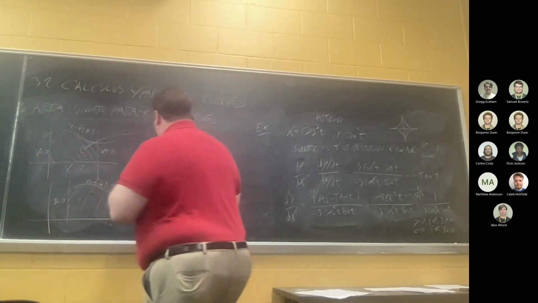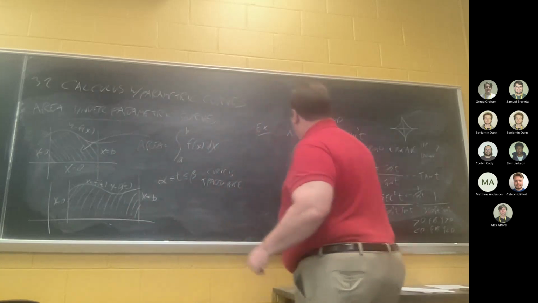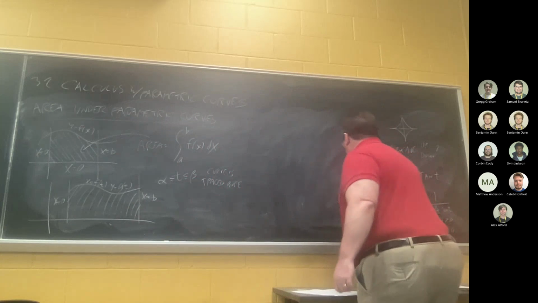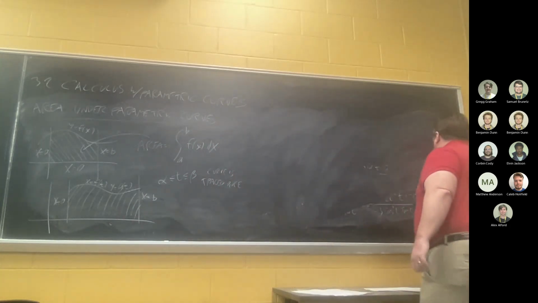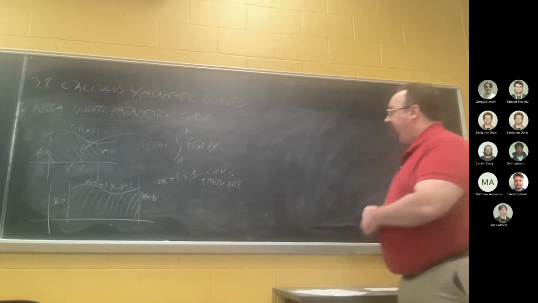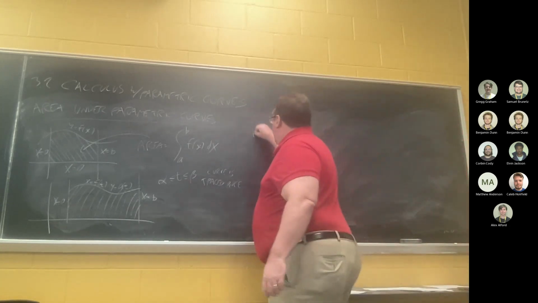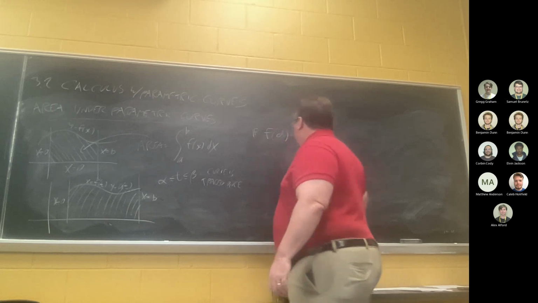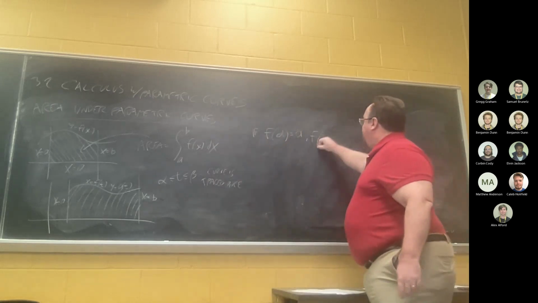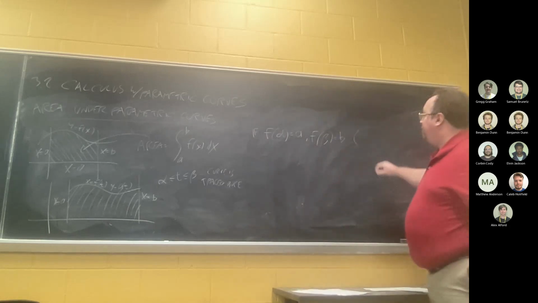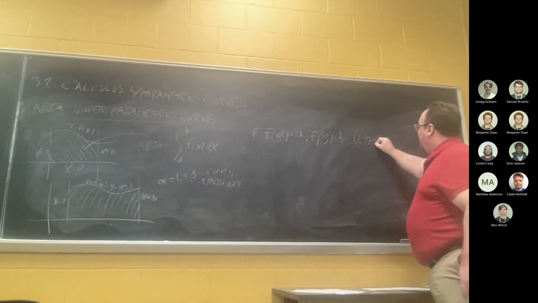How you get the area, there are two slightly different formulas depending on the orientation of the curve, in what direction it is traced out. So if f of alpha is equal to a and f of beta is equal to b, in other words, the curve is being traced out from left to right.